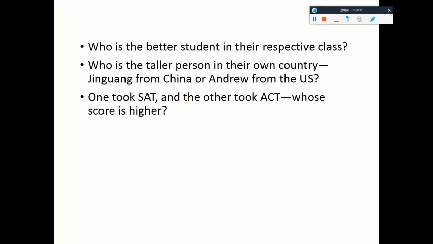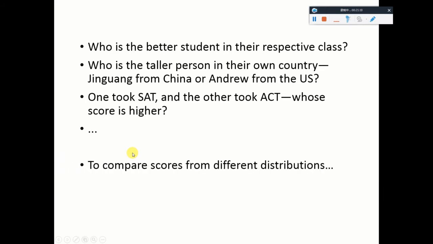So again, we need to apply some additional procedure to all these cases to make students from different classes, people from different countries, and applicants taking different examinations comparable. And we have many more examples.